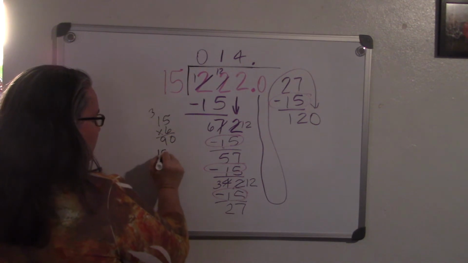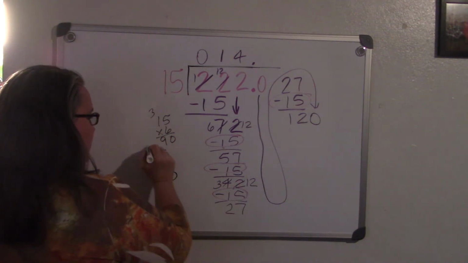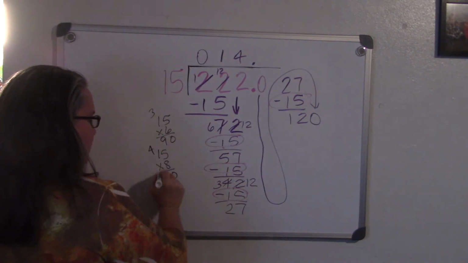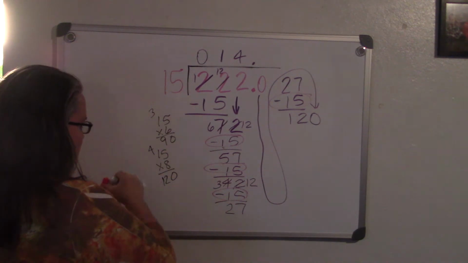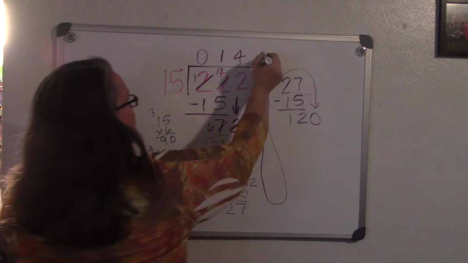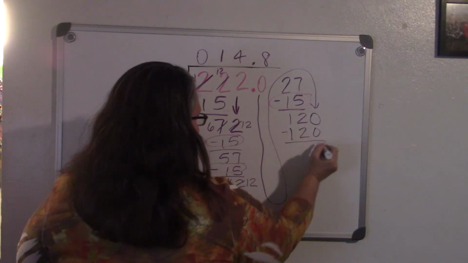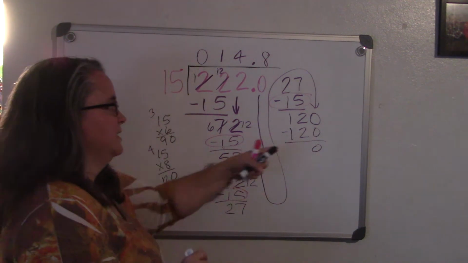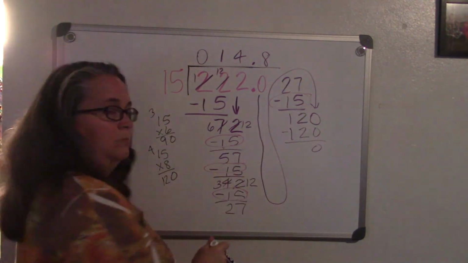So I'm going to go over here and do 15 times 8. I know 5 times 8 is 40. I carry my 4. 8 plus 4 is 12. So I know over here, I'm going to write 8, and I'm going to do 120 and subtract. Ladies and gentlemen, the only reason I didn't just start subtracting 15 is because I'm running out of room.